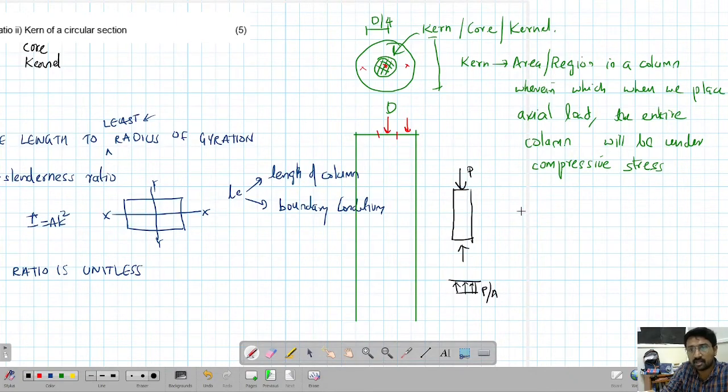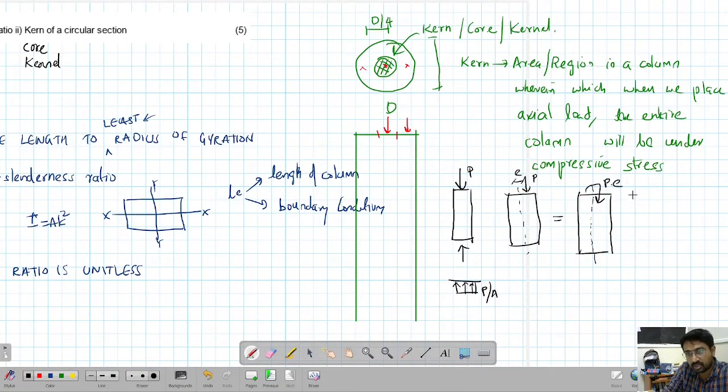Now, if load is at some distance from the center, let's say this is the center of the column, and it is at some distance, normally denoted by E, then it is the same column with some moment. The value of the moment will be P into E.